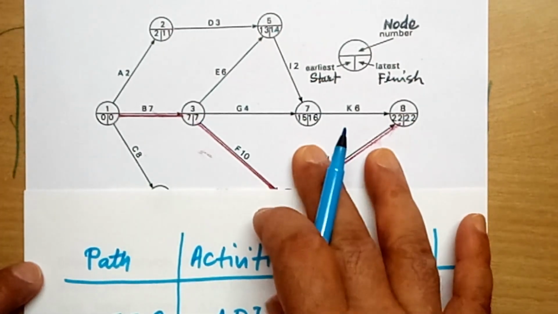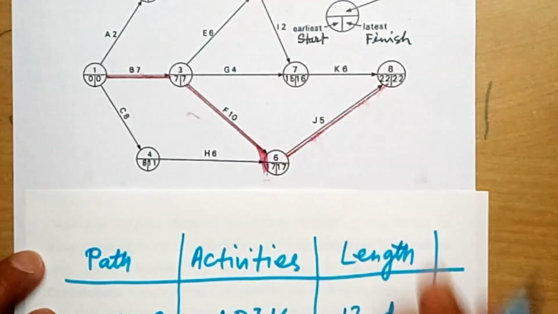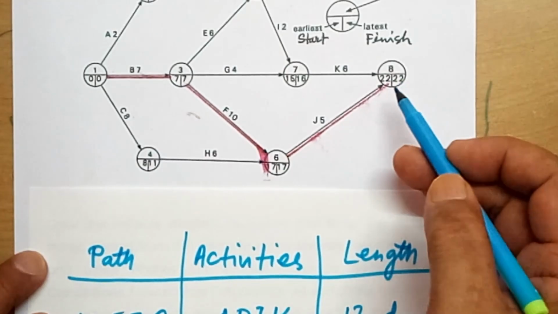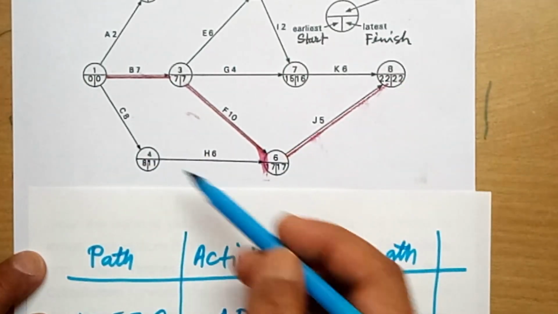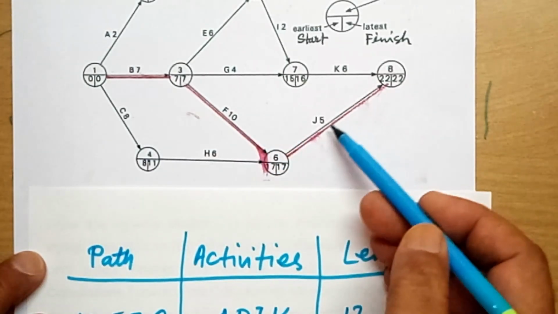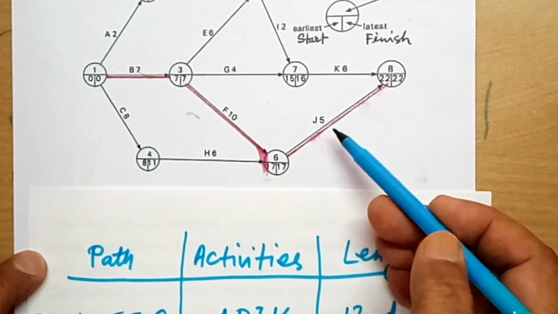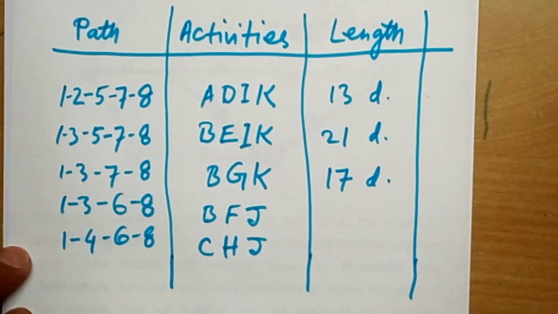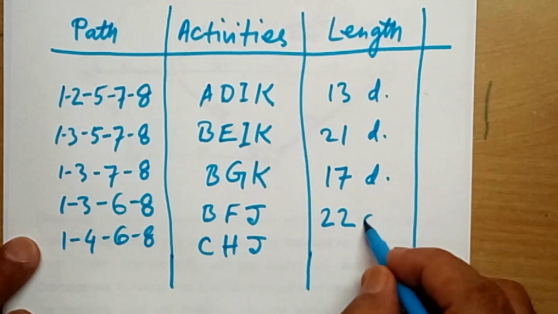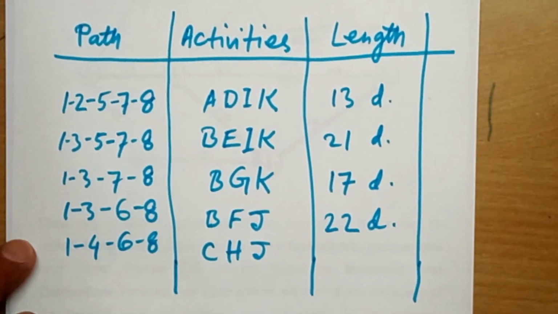Next, 1, 3, 6, 8. How many days in this path? 7 plus 10, 17, plus 5, 22. So 22 days. The duration of this path is 22 days. Okay.